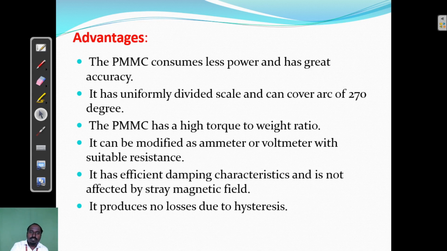It is also not affected by stray magnetic field. Since it uses magnetic materials and coils, there's a chance that it gets affected by stray magnetic field, but this can be avoided in permanent magnet moving coil type instruments. And finally, hysteresis losses are avoided in permanent magnet moving coil type instruments.